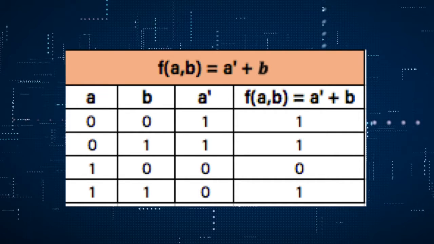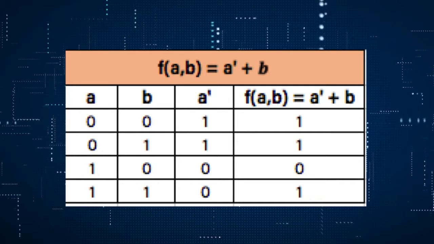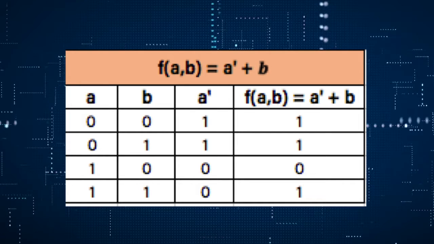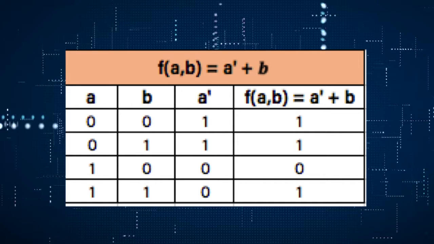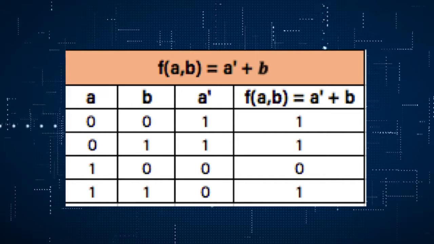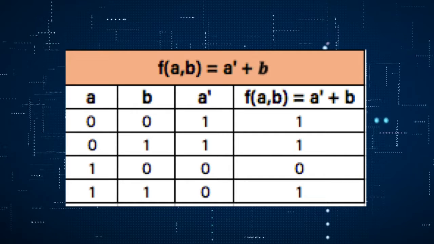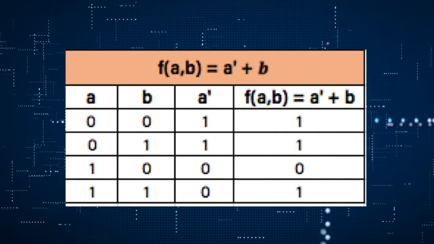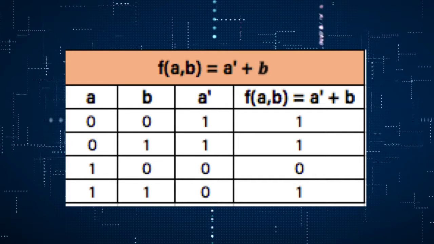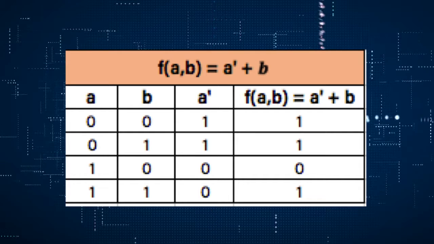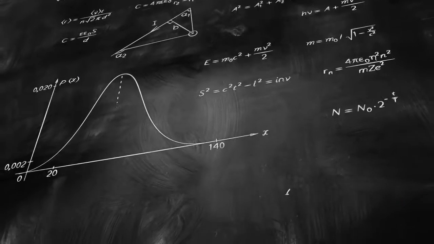If we have not a, in the first row it is 1, b is 0, or is 1. 1 or 1 is 1, 0 or 0 is 0, and 1 or 0 is 1. These two tables depend on all the variables that we have.